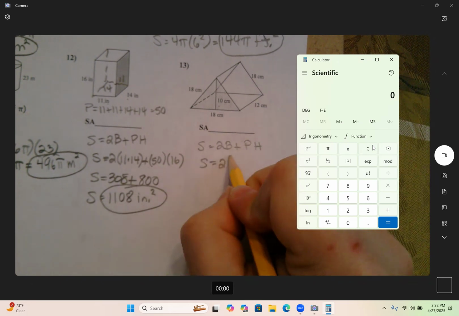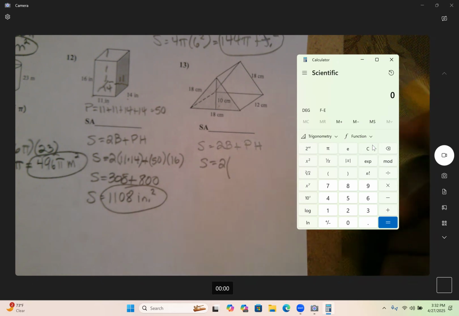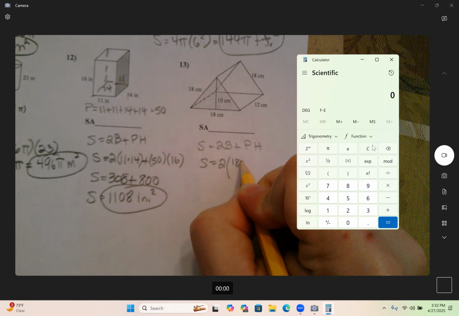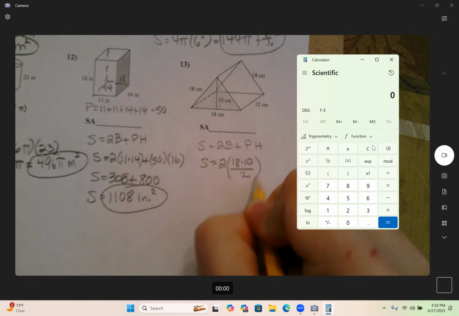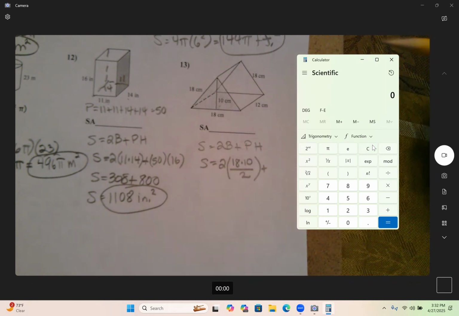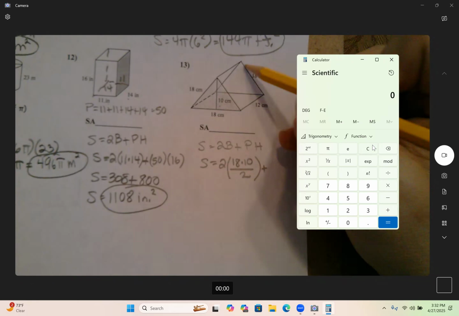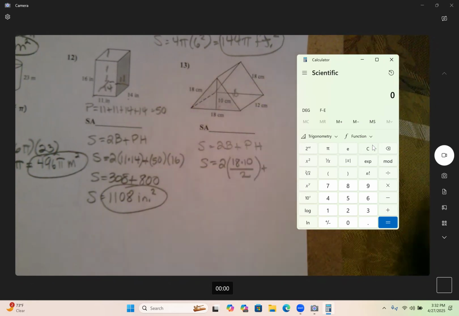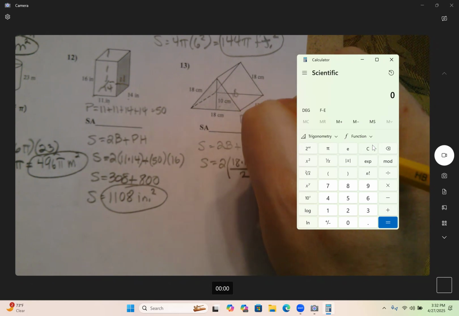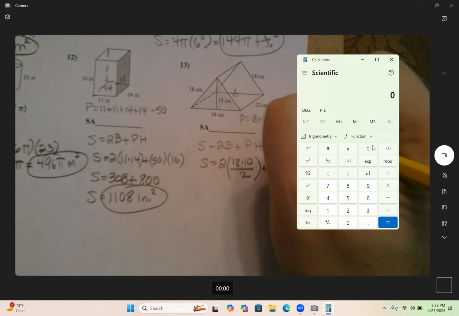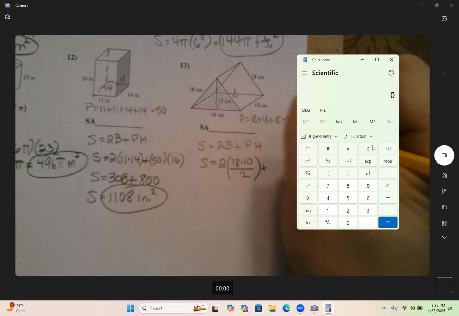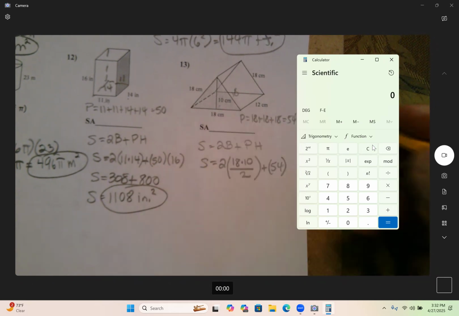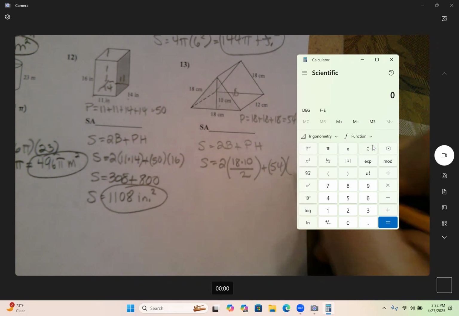The triangle is base times height divided by 2. Base 18, height 10 divided by 2. Okay. Now perimeter. Now notice how this is 18 and this is 18. So the perimeter is 18 plus 18 plus 18, which is 54. Okay, perimeter of the base. Okay, and then the height of the figure is 12.